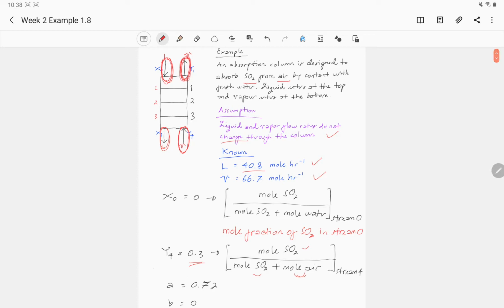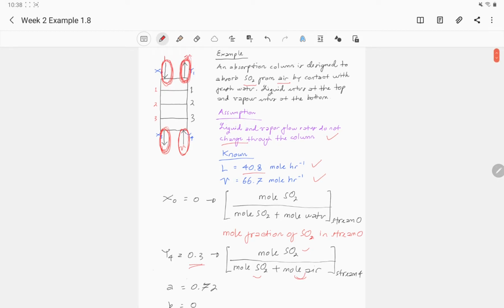Because you're scrubbing, the liquid that comes out at the bottom of your absorption column will be contaminated with sulfur dioxide. Here we assume that the mass transfer is not very enhanced. Therefore, the mass transfer doesn't really change the liquid and vapor flow rates much, so that we can use constant liquid and vapor flow rates.